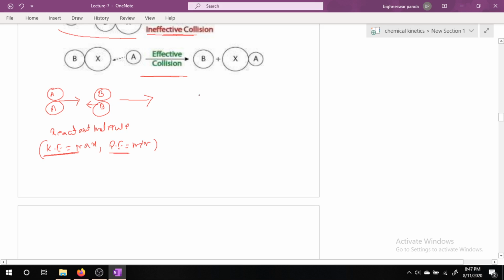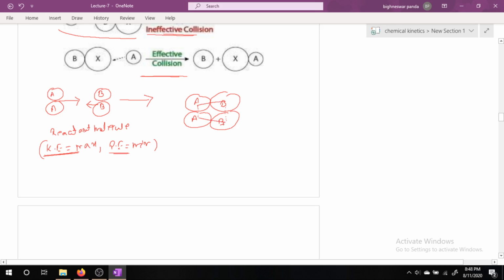When they collide, the bond between the A molecules breaks, the B molecules breaks, and a new bond is formed between AB.